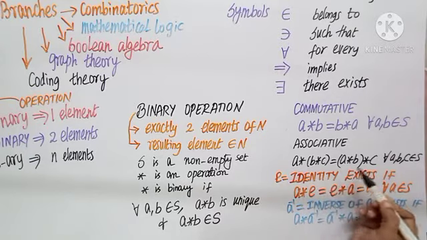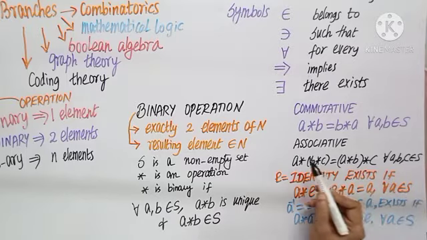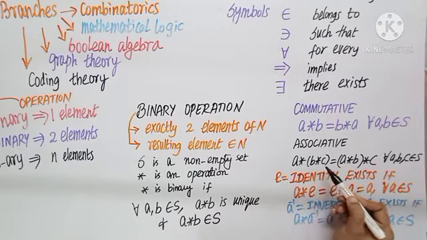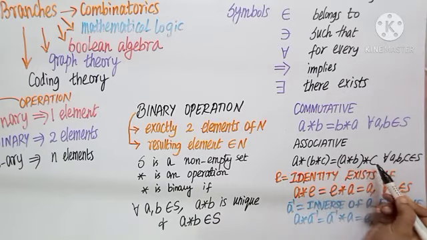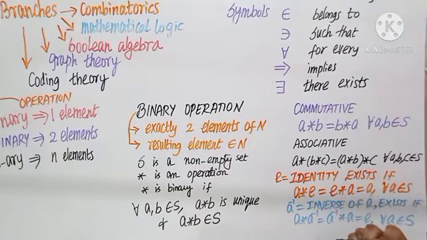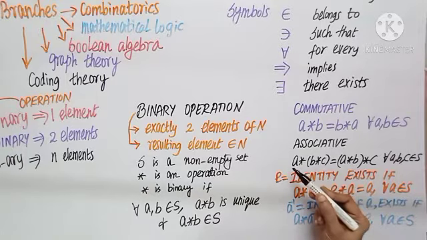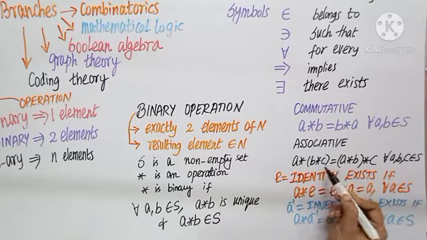Have I changed the order? No. Associative law, order is important. Here A, B, C. Here also A, B, C. Then what changes? Priority changes. I do B star C first. Then A star this answer.